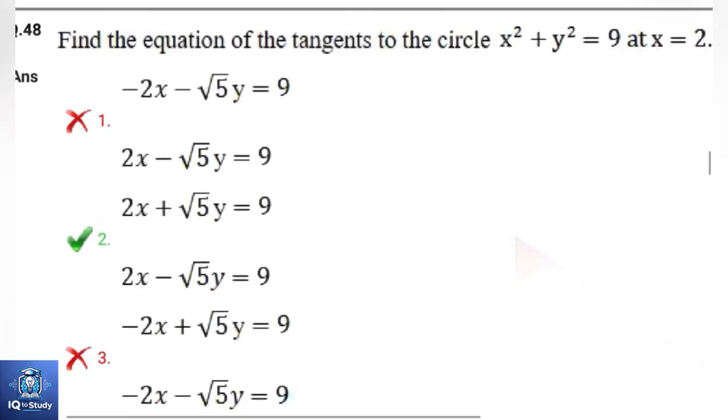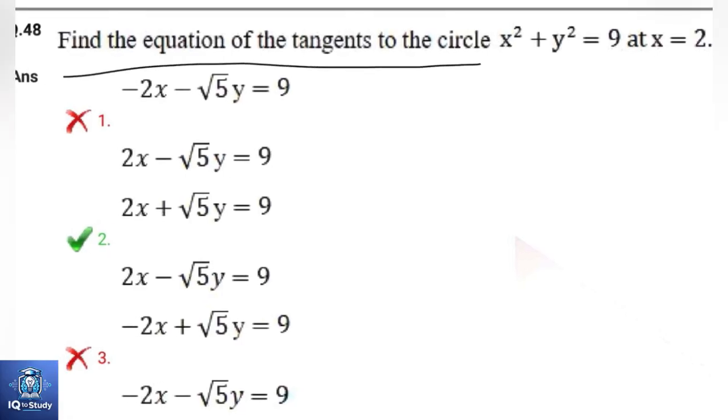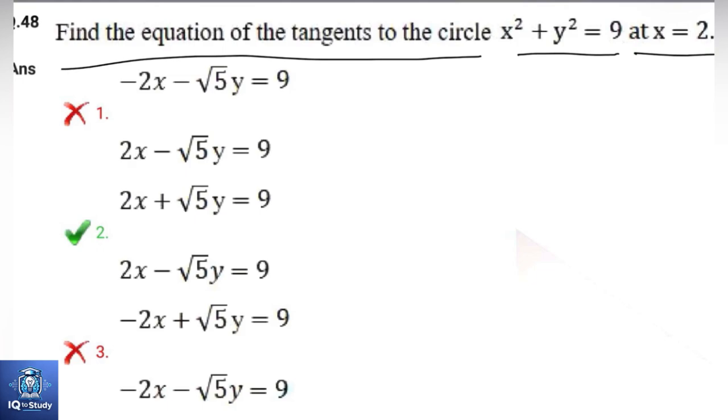Find the equation of the tangents to the circle x square plus y square is equal to 9 at x is equal to 2. Given x square plus y square is 9 and at x is equal to 2, just substitute x is equal to 2 in the circle.